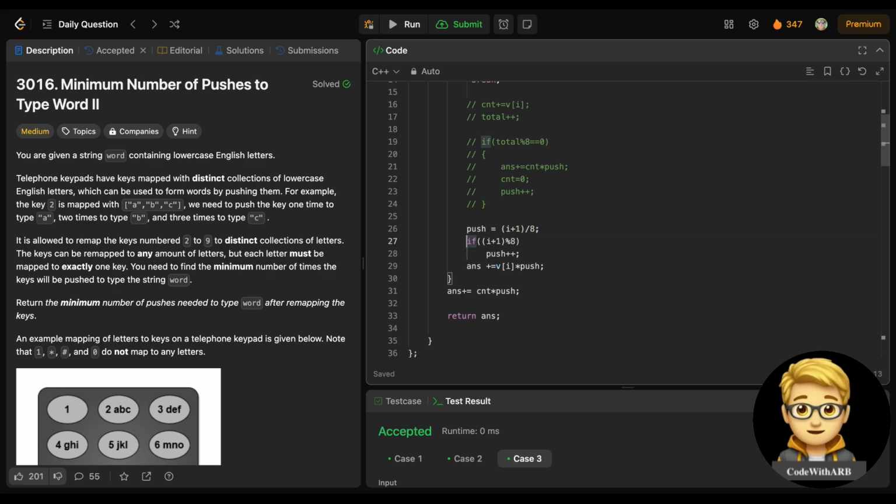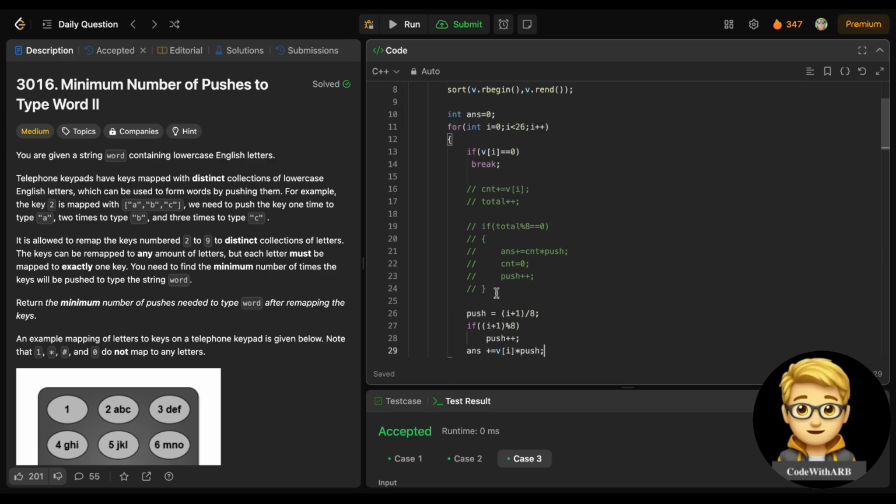So it will generate one push and multiply with all the frequencies of the characters. When I got the eighth character, this will give me 1, and this will not be generated by anything, so it will give me 0. So that will also give me a push. But when we got the ninth character, it will give me 1, and this also will give me 2, right? So this will generate 2 pushes.